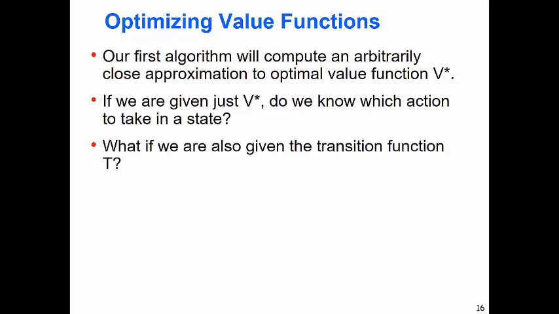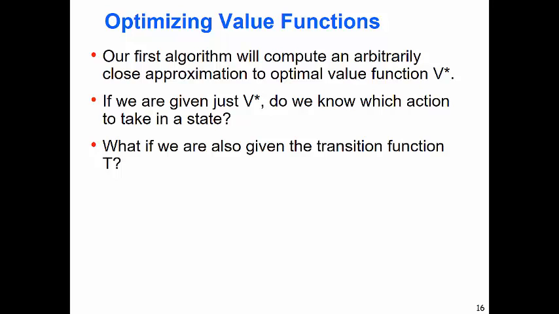And we first have to ask ourselves, if I just give you the optimal value function, if that's the only thing I give you, can you determine what to do in a state? I say, hey, you're in a state, and I tell you, hey, this state is worth 5. Does that tell you what to do? It tells you how good it is under an optimal policy, but I haven't given you the optimal policy. So we have to ask ourselves, if we've got an algorithm that's just giving us the optimal value function, how do we actually compute the optimal policy from that?